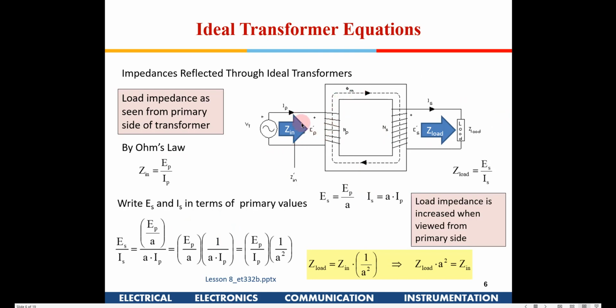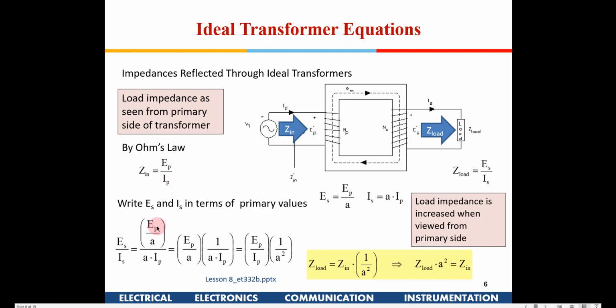Now if you have to see the impedance, suppose this is the impedance Z load. Z load will be defined by this equation, E secondary divided by I secondary, right? Now Z in is the impedance seen into the primary coil here, which is E primary divided by I primary.